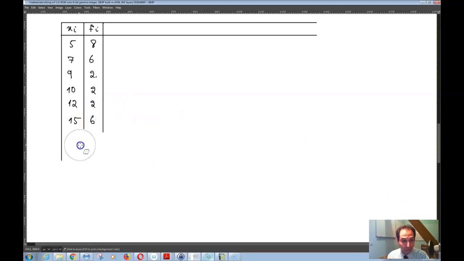And what you want to find is the mean deviation about the median, right? So what I need to do right now is find the median of the data first.